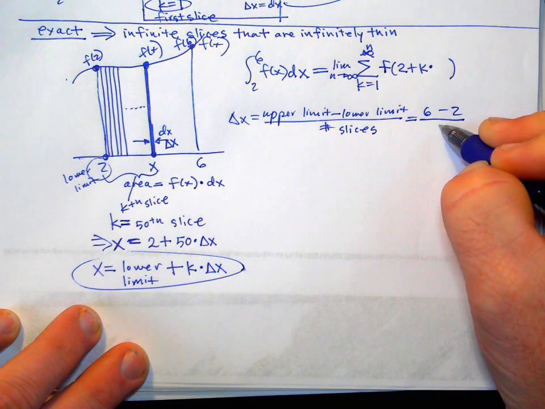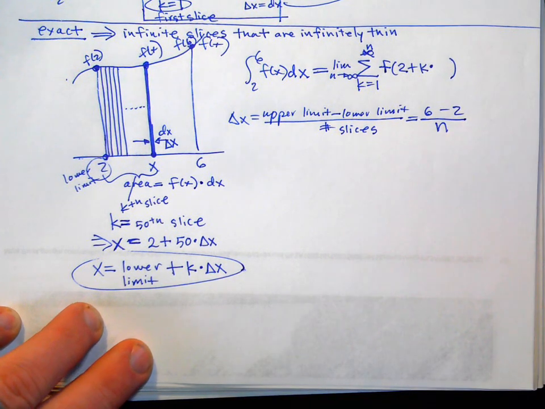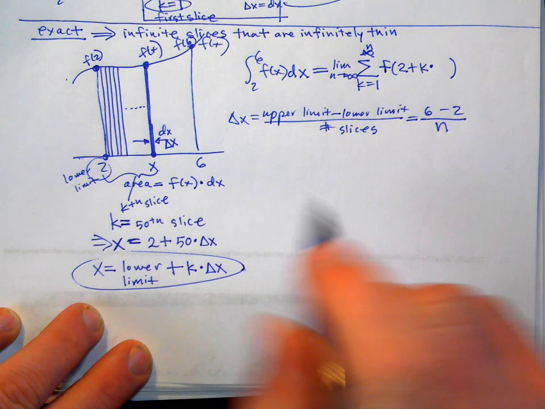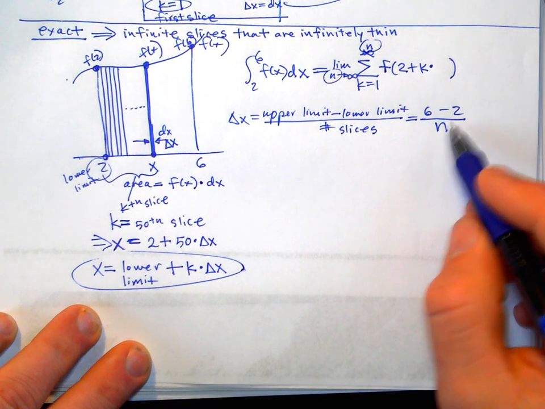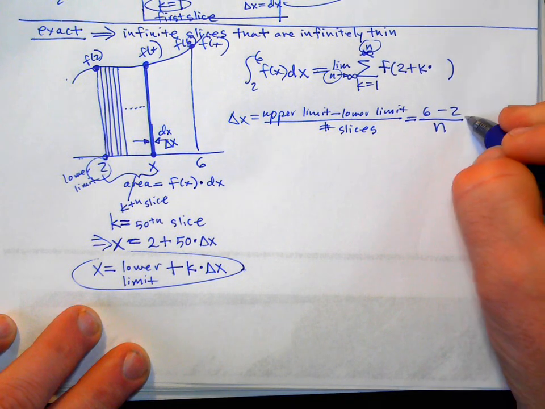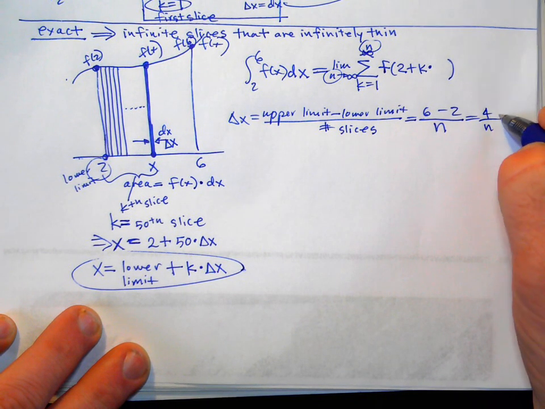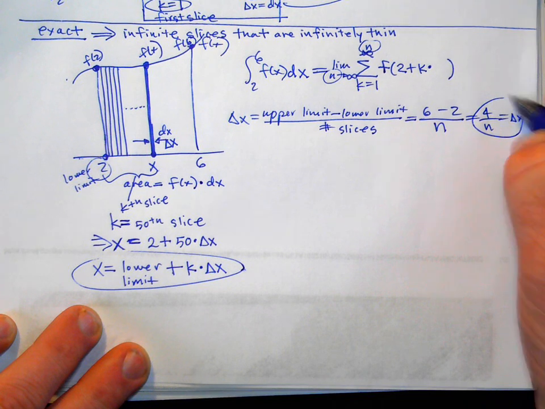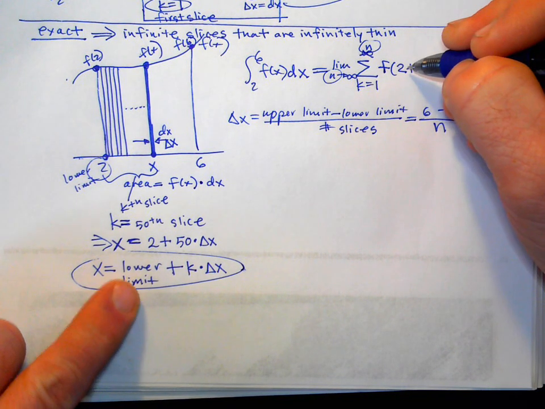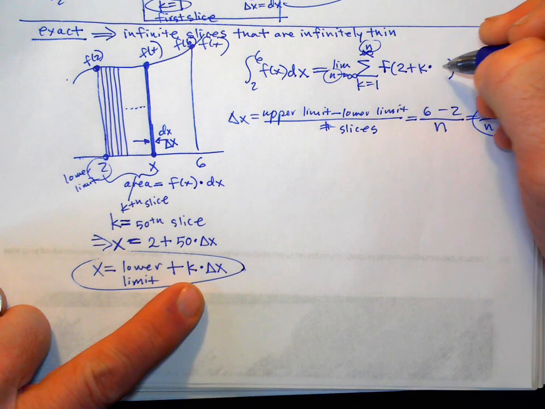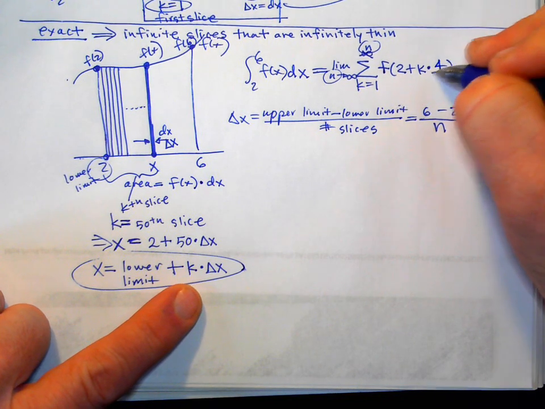The number of slices, though, is n, because we're going to go to infinity, but instead of putting infinity, we put n. And so that's going to give us 4 over n, which is your delta x. And that's what's going to go in here, because we said that the x coordinate is the lower limit, 2, plus k times delta x. Well, we're going to put 4 over n here.